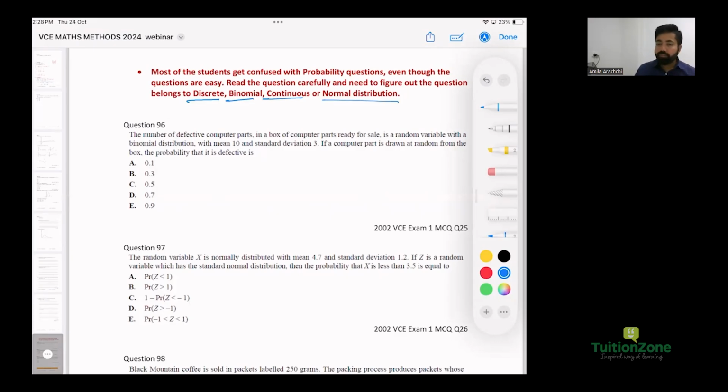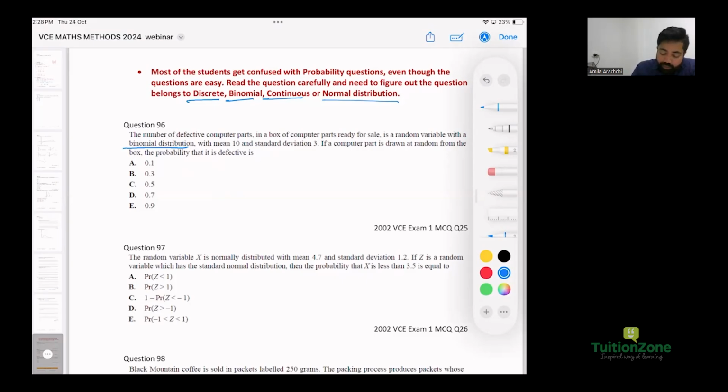Does it say what it is? Anyone? It says binomial, isn't it? That's fine. And this is a very common question. We have seen these questions a lot before.